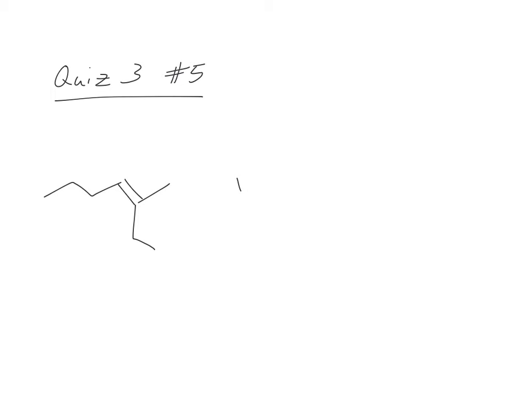So this is quiz 3, number 5, some nomenclature ideas. The key here is just because you have an alkene doesn't mean it's E or Z, so be careful. I showed this one versus the one in the ring.